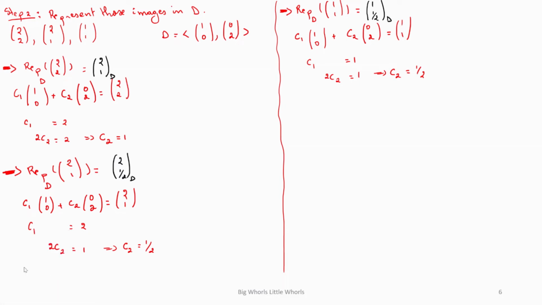Now the last step is just concatenating those representations. So step 3, to find the representation of a linear map, finding the matrix representation.